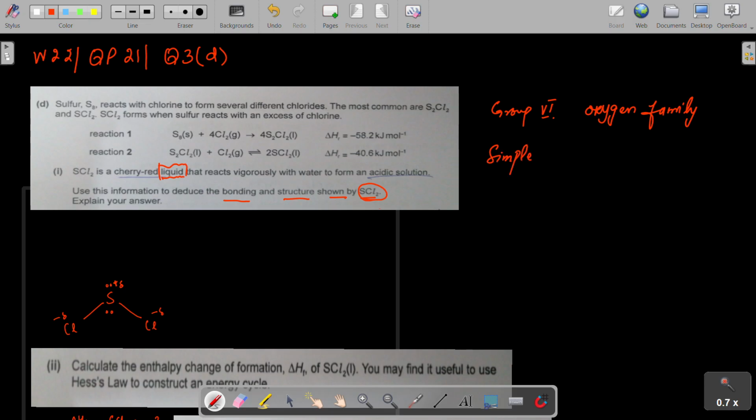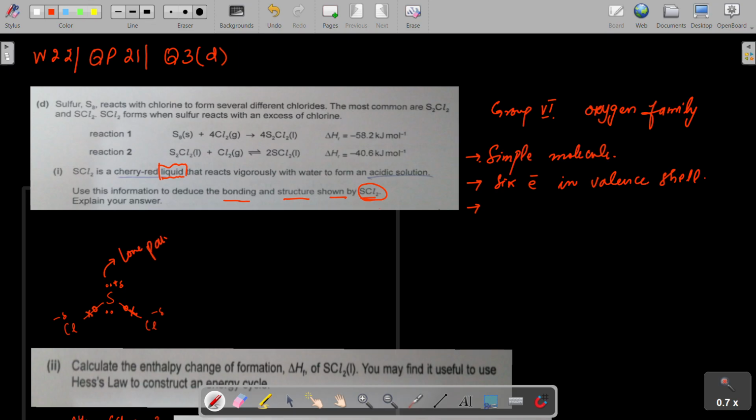If it is a simple molecule, then as you can see here, sulfur has 6 electrons in its outermost shell. So 6 electrons in the valence shell, and out of these 6 electrons, 2 are being used up in covalent bonding with the chlorine atoms, and there are 2 pairs of electrons which are not involved. I would call them lone pairs.